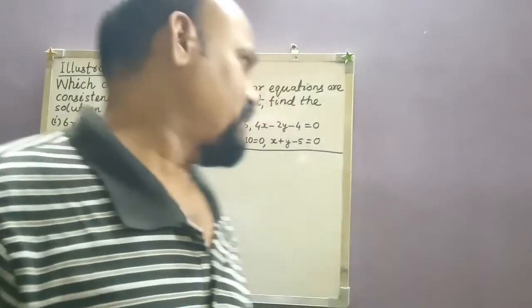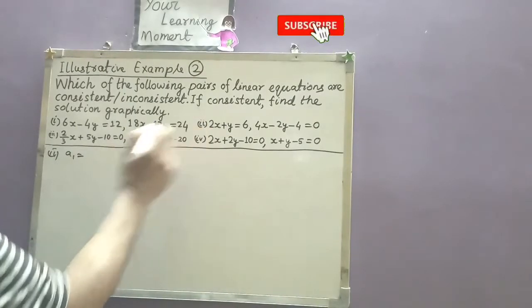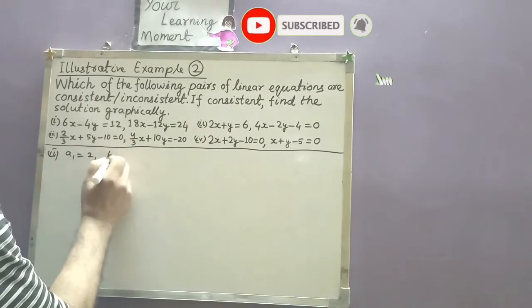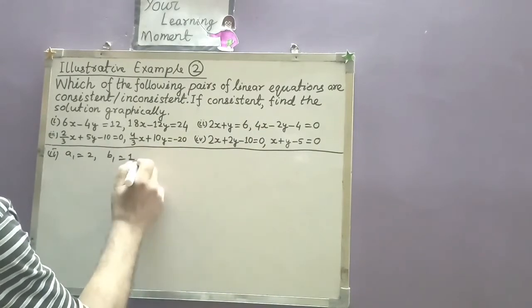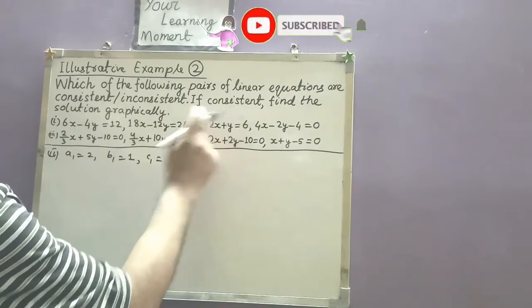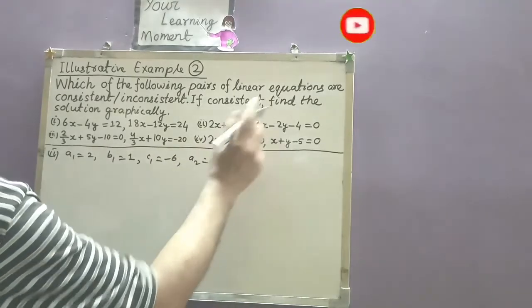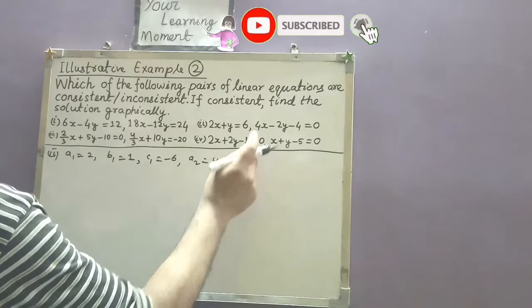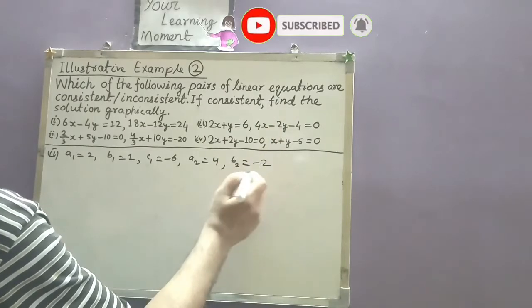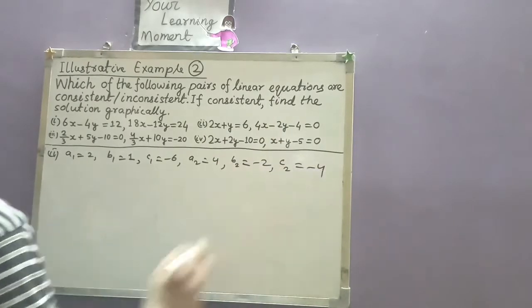Now in the second equation, what is a1? a1 equal to 2, b1 equal to 1, c1 equal to minus 6, a2 equal to 4, b2 equal to minus 2, and c2 equal to minus 4.